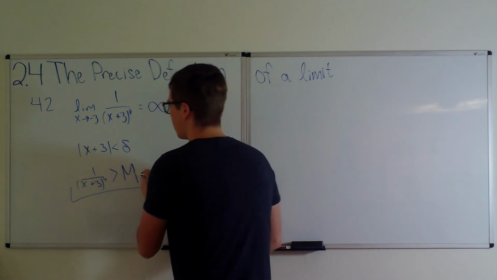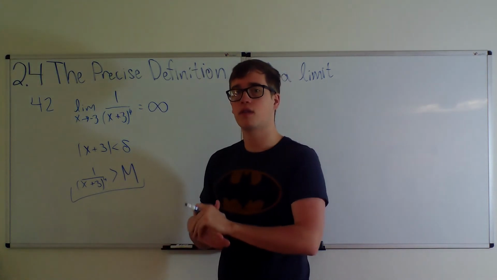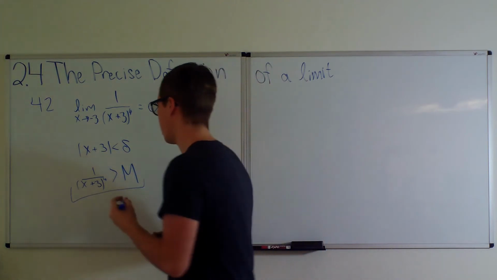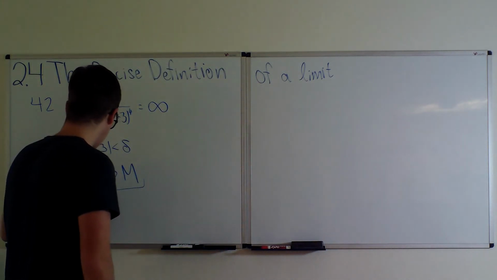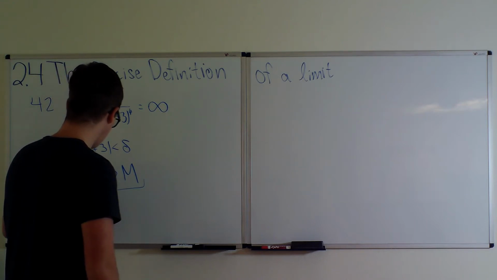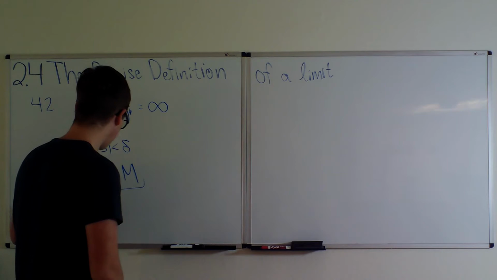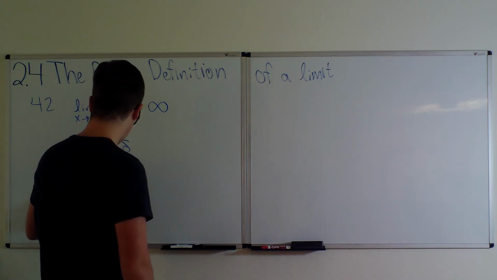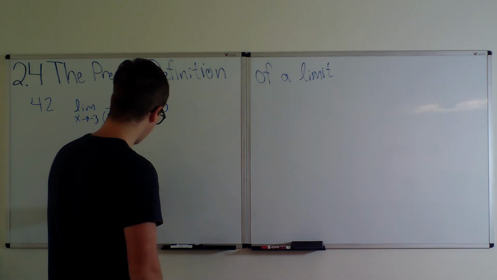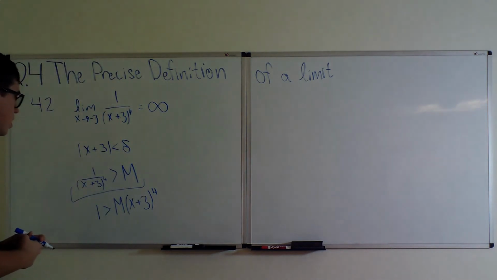This one, you could call it the epsilon one. Obviously there's no epsilons, but you start with the second one, the bigger one. So this is the same as saying 1 is greater than M times (x + 3)^4. Right? That makes sense, right? Yes.